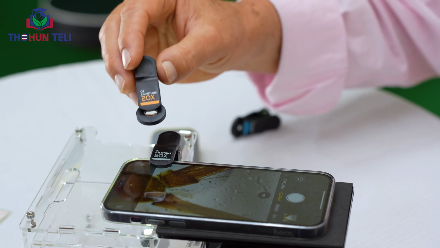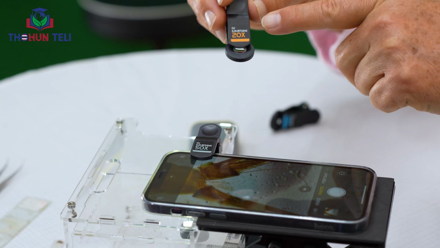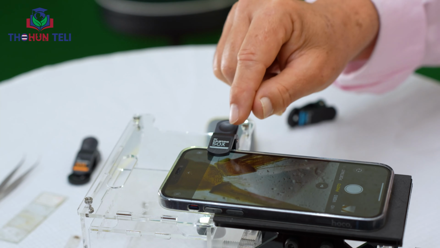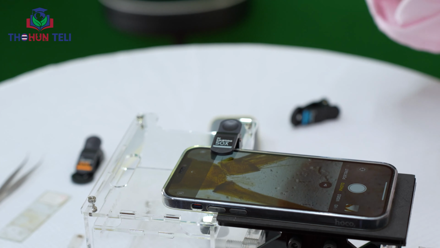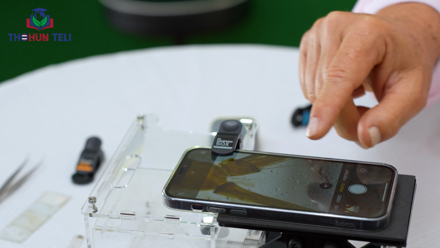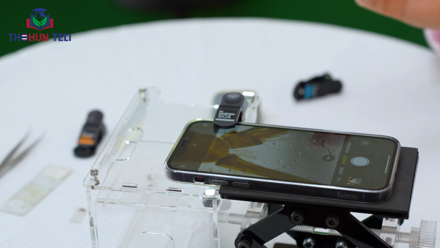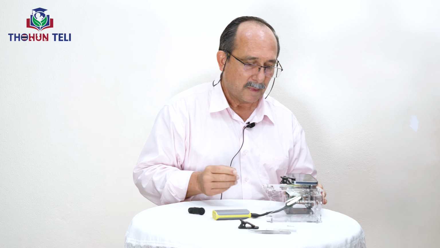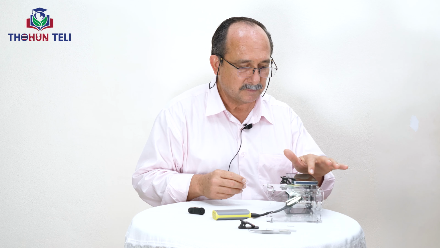That's why we should use a higher magnification. Instead of 20x, we are now using the lens of 50x. This one will magnify 5 times 50x, in total 250x magnification. I will take some pictures to show you later.